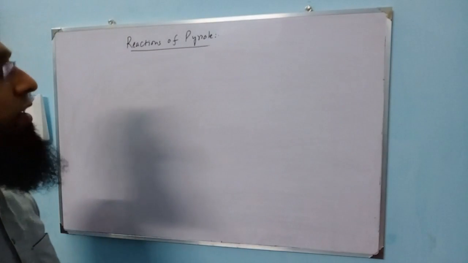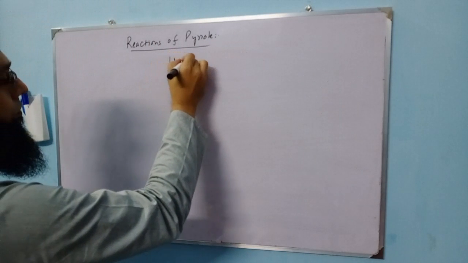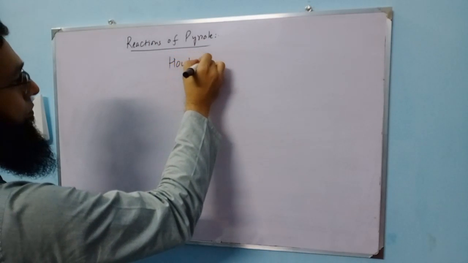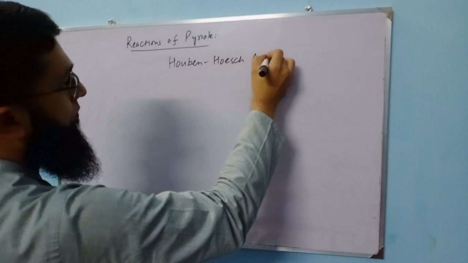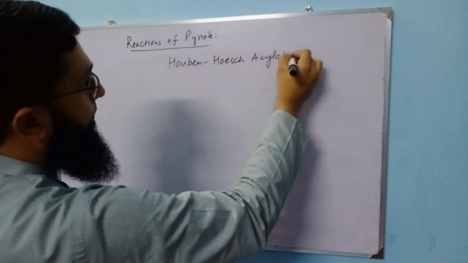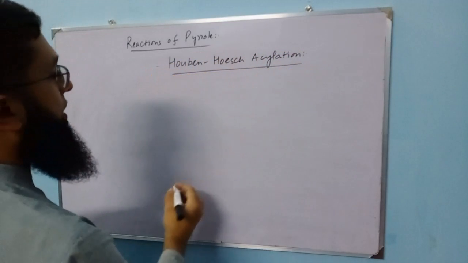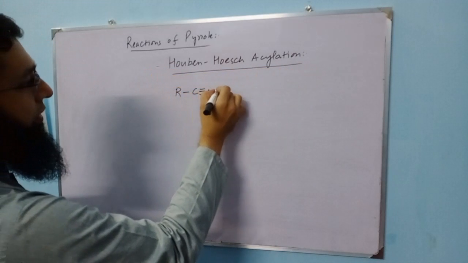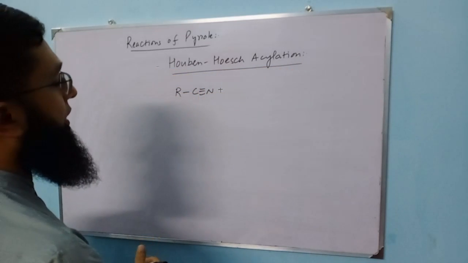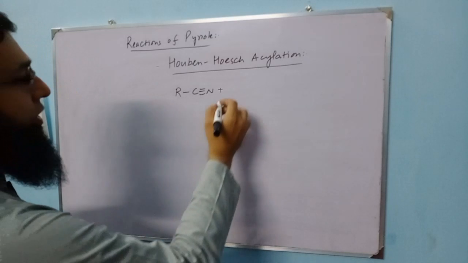Next reaction is Houben-Hoesch acylation. In this reaction, nitriles are reacted with pyrrole in the presence of acid and 2-acyl pyrroles are obtained.